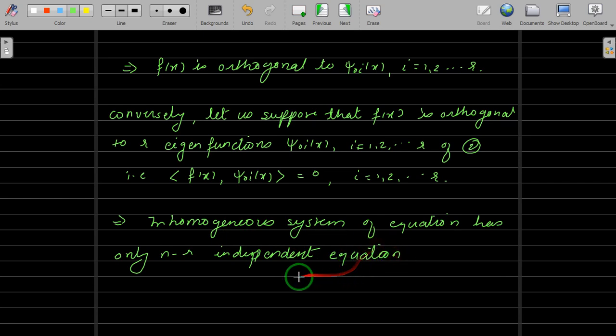When we got the system of equations, if this is equal to 0, it implies the system of equations has only n minus r independent equations.